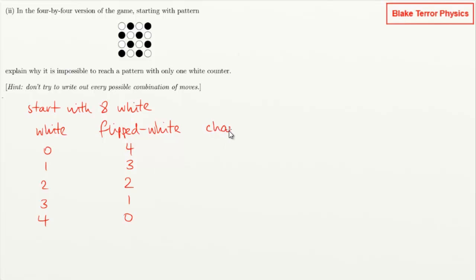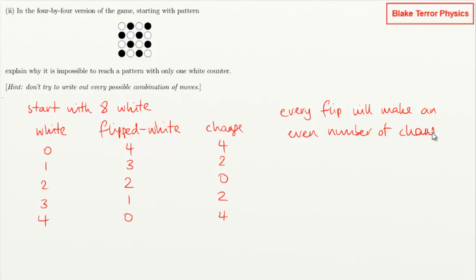So the change is 4, 2, 0, 2, 4. So every flip will make an even number of changes to white.